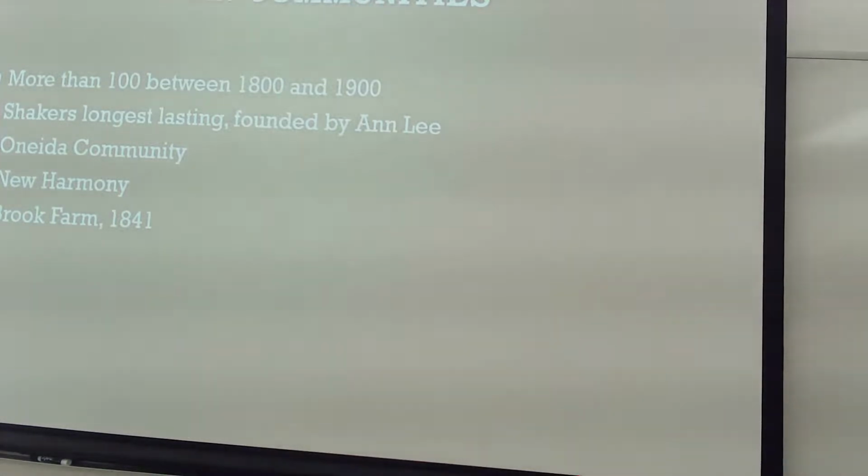One of the most successful was Brook Farm. It was a transcendentalist community led by George Ripley, who was a Unitarian minister. They were all going to live out there, free thinking, living deliberately. Their biggest contribution was a community school that they allowed outsiders to come into, which kept them afloat because they paid tuition.